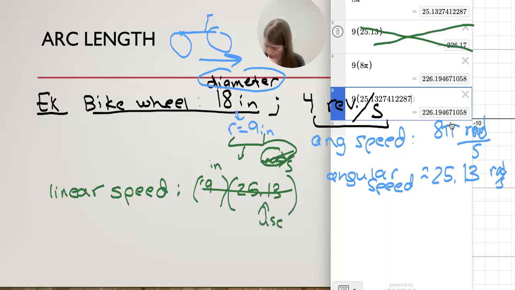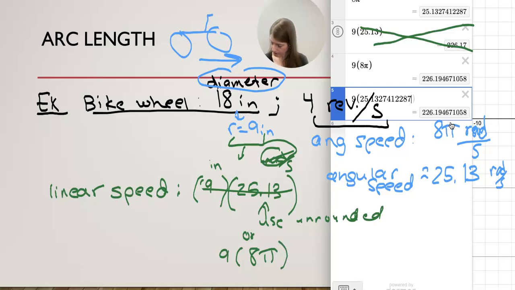So here, use unrounded, or you could do 9 times 8 pi. So in the end, our linear speed in this case is 226.19, and our units for this are going to be inches per second.